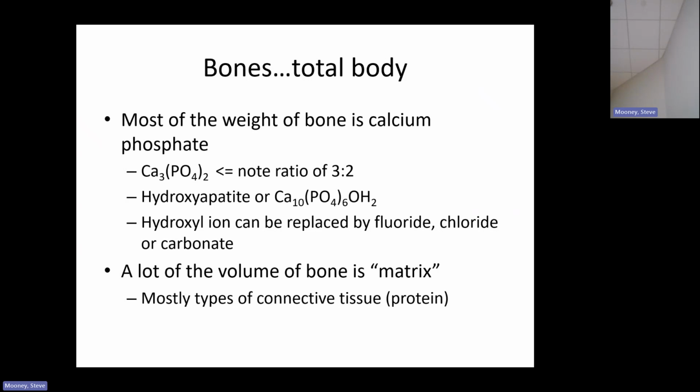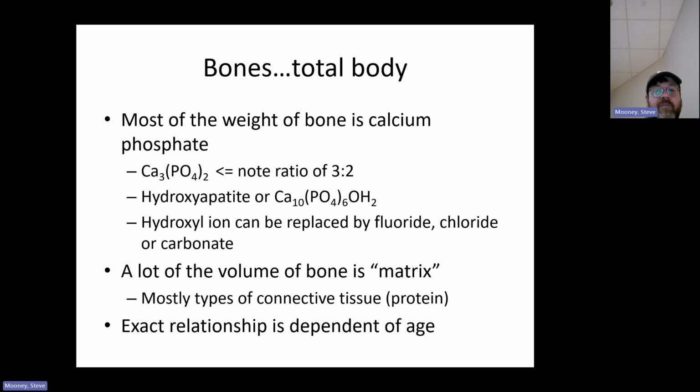Does anybody know the characteristic sign for rickets? Legs tend to fall out. If I don't have enough calcium or vitamin D to calcify, the tissues get floppy and they bend. They bend out. So we want those bones to be well calcified and rigid.